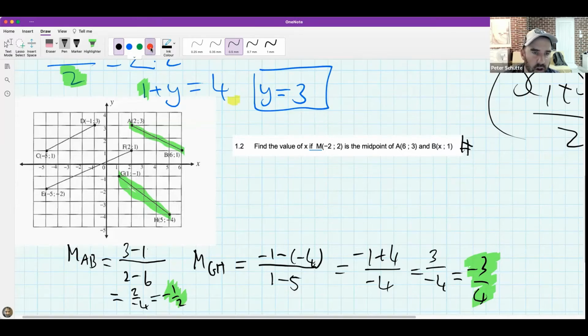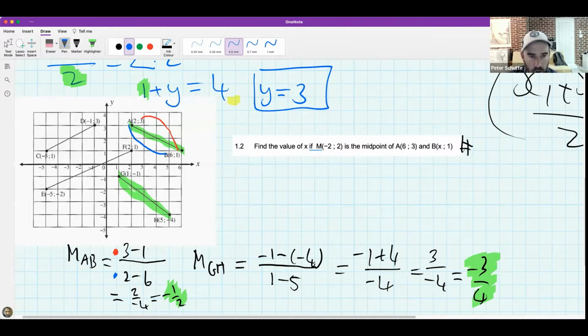Okay, so what I did when I did, let's say AB, I chose to have A as the point where I started. So I went 3 minus 1, and I got this one over here. And I notice how I made sure my Y was on top. I always start with Y because it's easy to make that mistake. Then I go back to the same point where I started, which was A, and I go 2 minus 6, which is here.